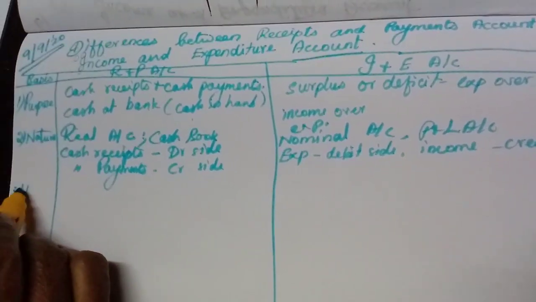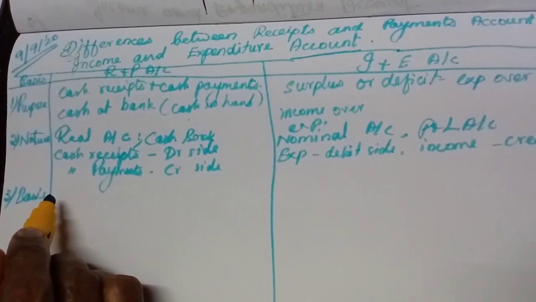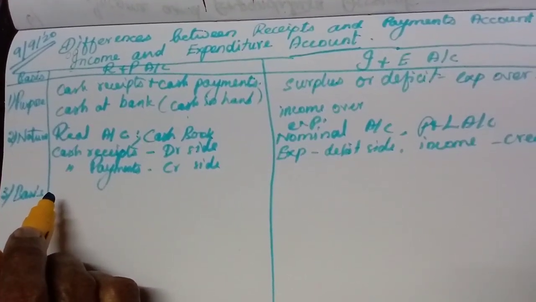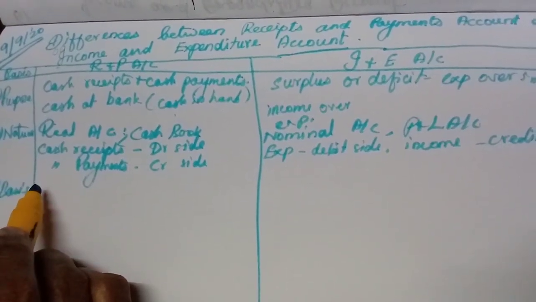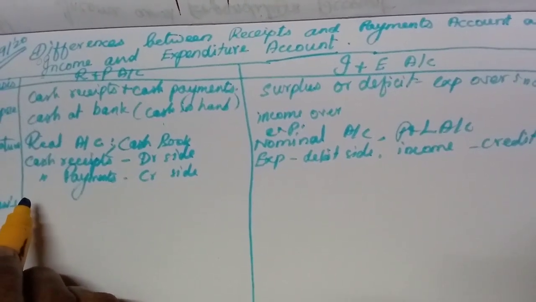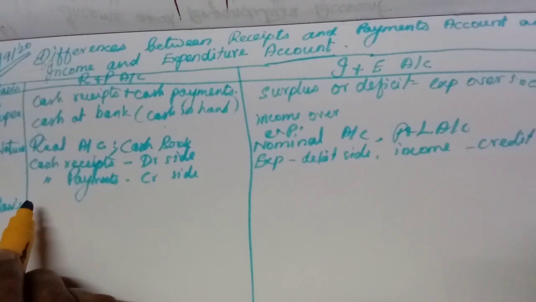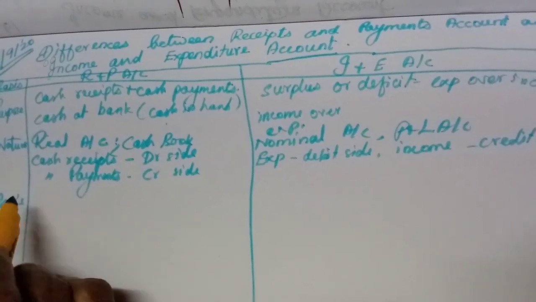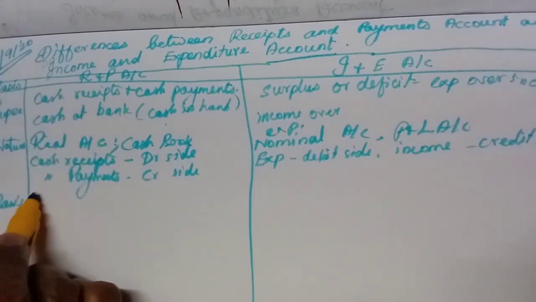Then basis of accounting. Which basis is followed? There are 3 bases of accounting: cash basis, accrual basis and mixed basis. That accrual basis is also called mercantile basis. Then this mixed basis is also called hybrid basis. Okay, so now which basis we follow in the receipts and payments account?